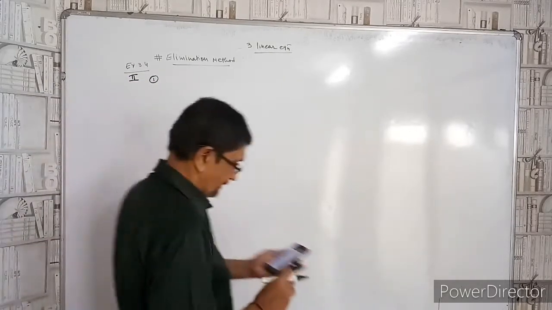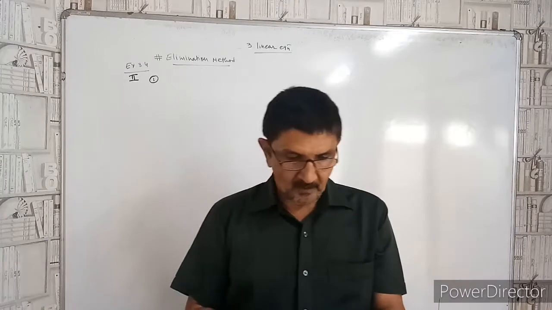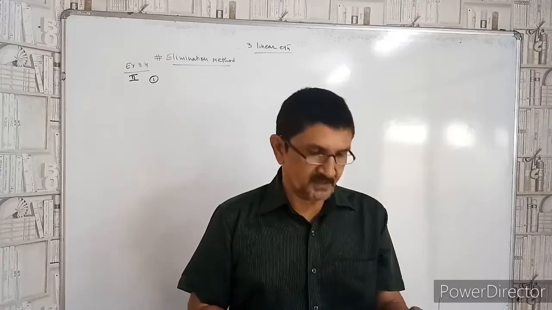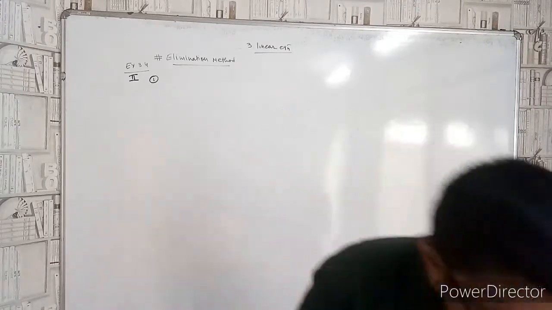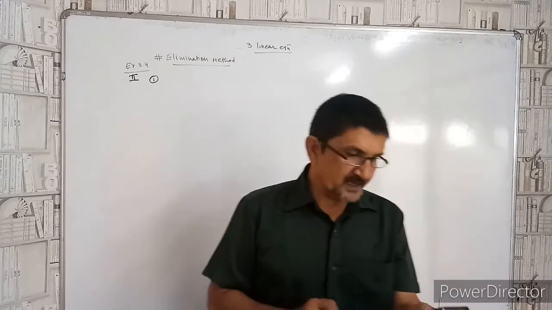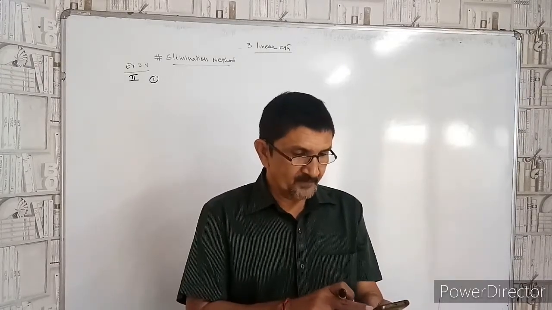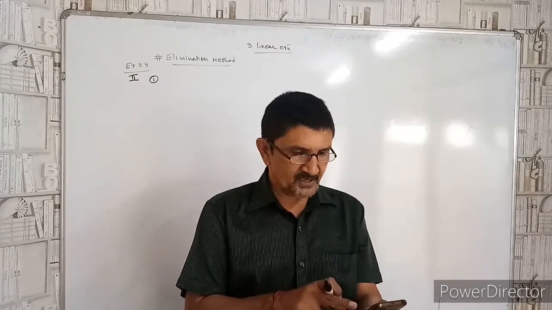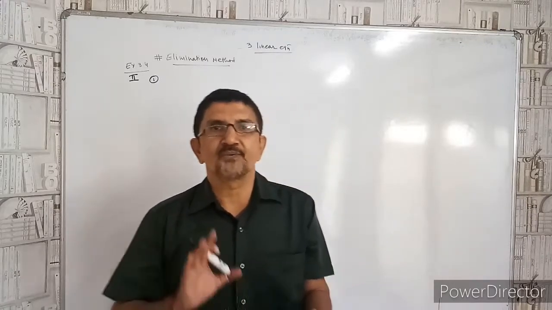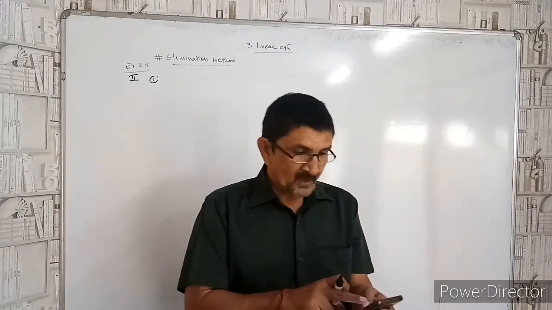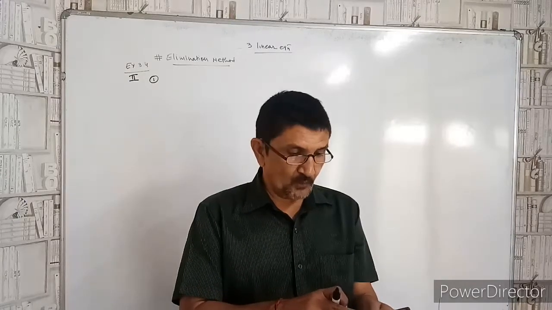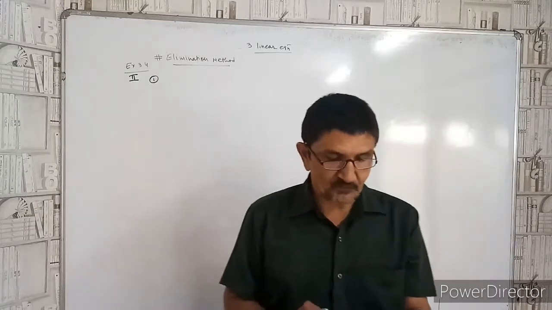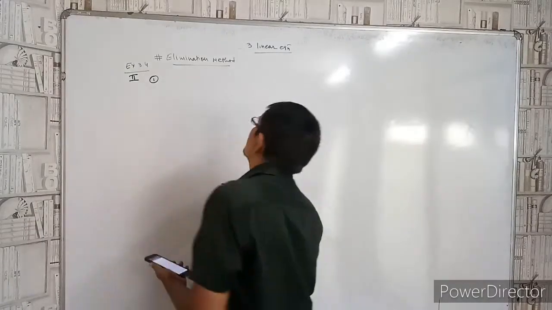In that the first one, if we add 1 to the numerator and subtract 1 from the denominator, the fraction reduces to 1. So fraction becomes 1. It becomes 1 by 2 if we only add 1 to the denominator. What is the fraction? So first of all, the numerator and denominator we have to assume.